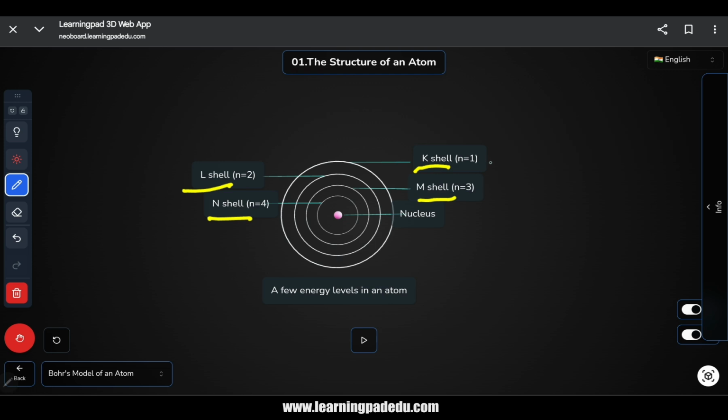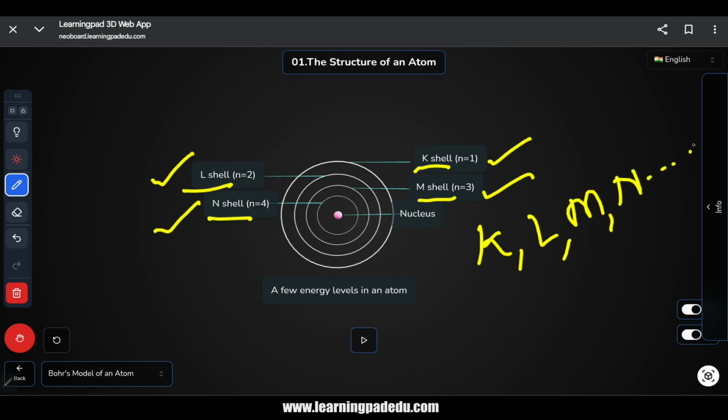So, for K shell, N value is 1. For L shell, N value is 2. For M shell, N value is 3, and for N shell, N value is 4. So, the energy levels are K, L, M, N, and so on.